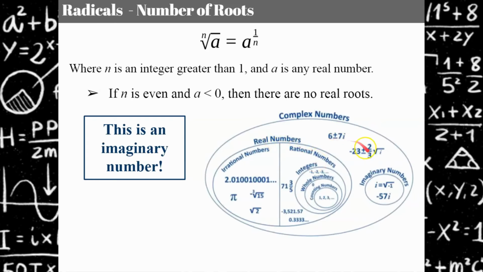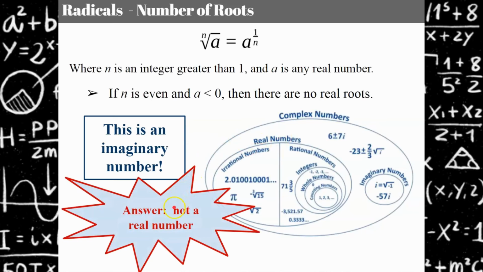Now I'm going to tell you that imaginary numbers exist. They're not real, but they're part of complex numbers that you'll be exposed to in Algebra 2. So for all intents and purposes, if n is even and you're asked to find the square root or the fourth root of a negative number, you're going to answer not a real number.